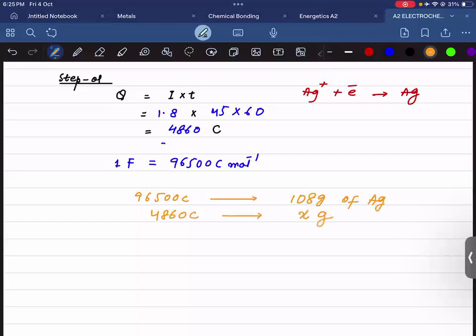This would be X. Can you tell me an answer? Same answer you are getting? 5.44. Okay, good.